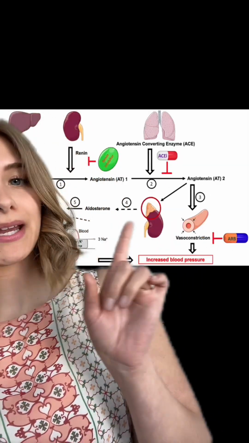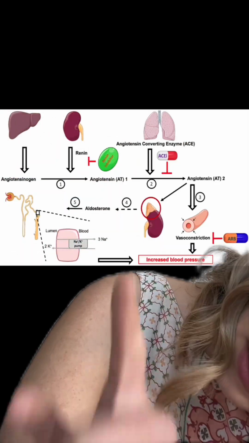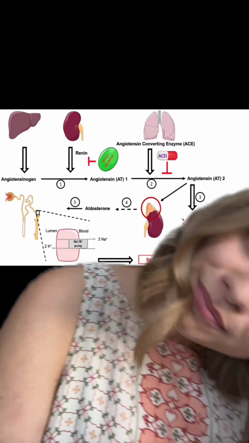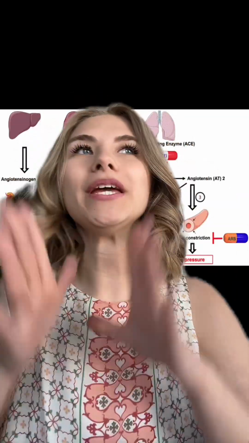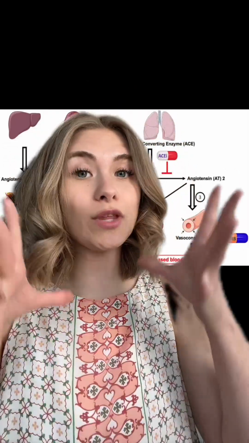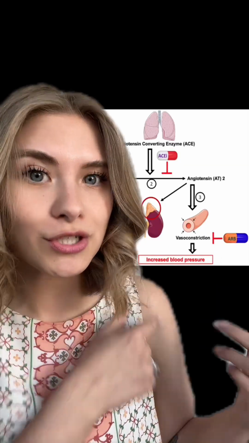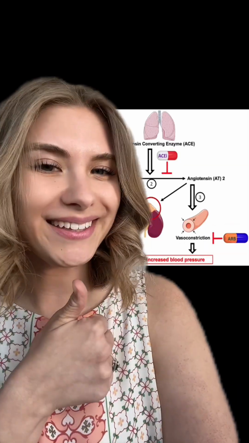So now sodium is back in the bloodstream, and now you have increased blood pressure. All this was relearned to know about ACE inhibitors. So people who have high blood pressure need ACE inhibitors so they don't have increased blood pressure. They can keep it low, okay?